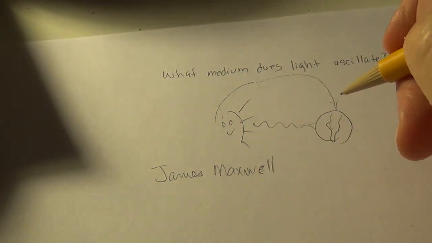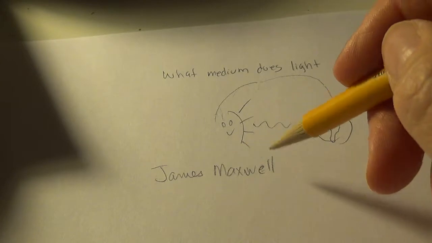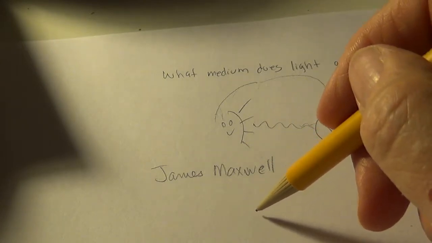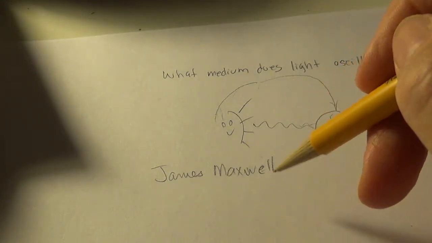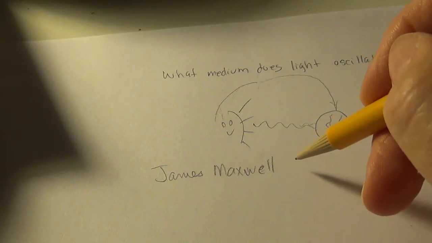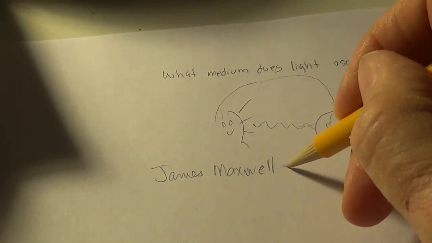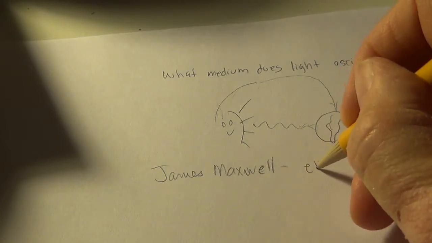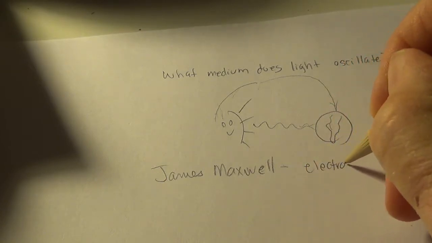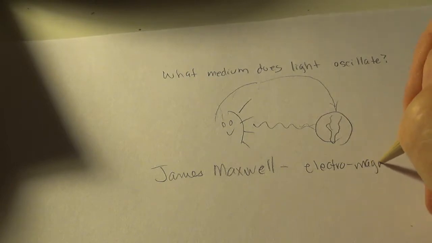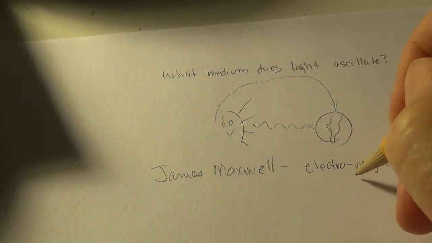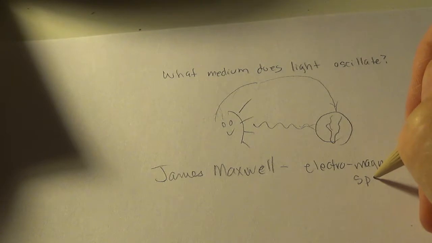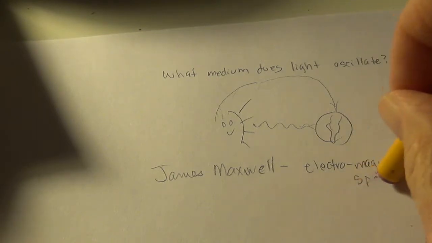And he was the first one to theorize, and we now accept it as true, that the thing that oscillates, the medium through which the light wave propagates, is the electromagnetic spectrum or field. Let's call it the electromagnetic field.